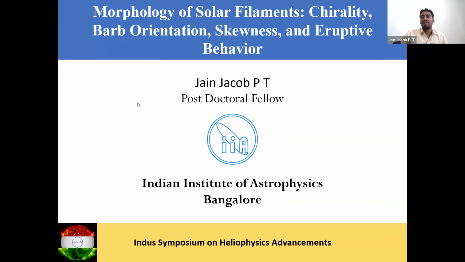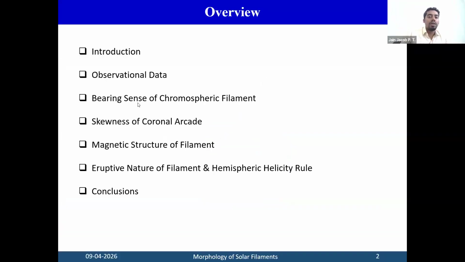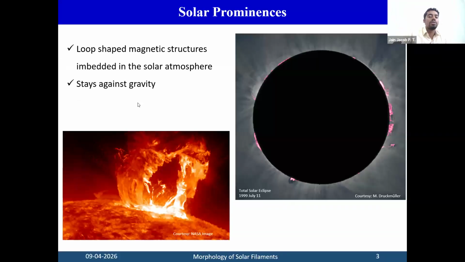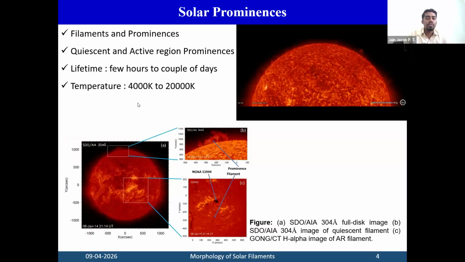Hello, everyone. Thank you for the opportunity to present my work on the morphology of solar filaments, chirality, barb orientation, skewness, and eruptive behavior. Myself, Jane Jacob, postdoctoral fellow at the Indian Institute of Astrophysics. This is the overview of my presentation. Solar prominences are loop-shaped magnetic structures embedded in the solar atmosphere, and they stay against gravity.